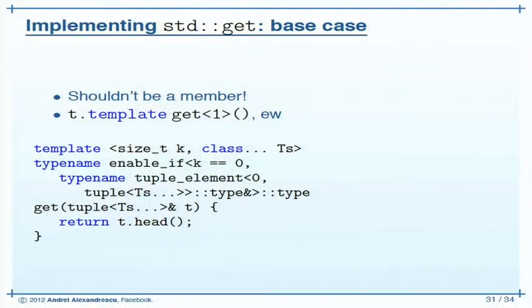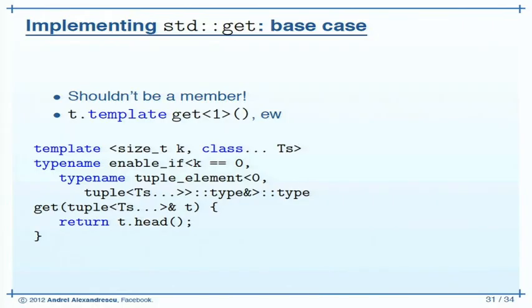To wit, we start with the specialization for k equals 0. And again, I'm availing myself of enable_if, which you can think of as a way to restrict a template from kicking in, right? So I'm restricting it to k equals 0. If k is 0, this works, essentially.